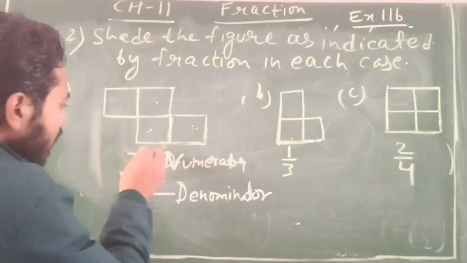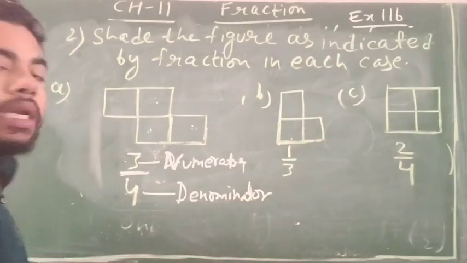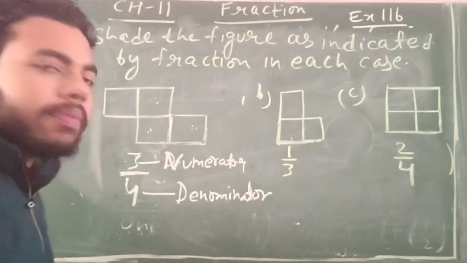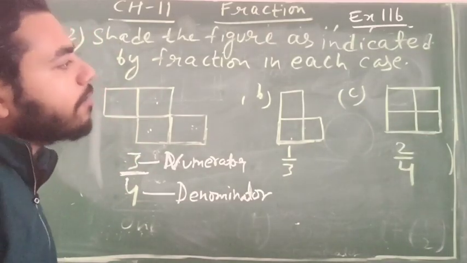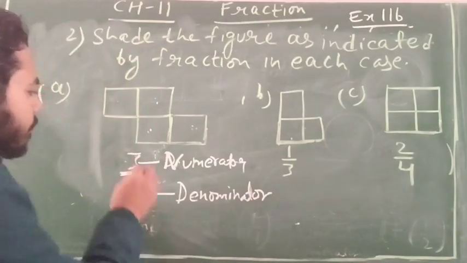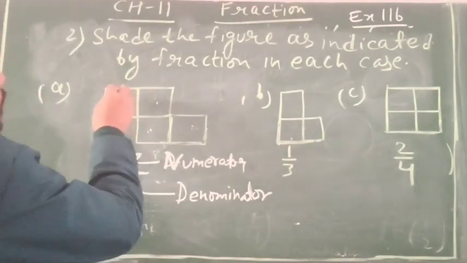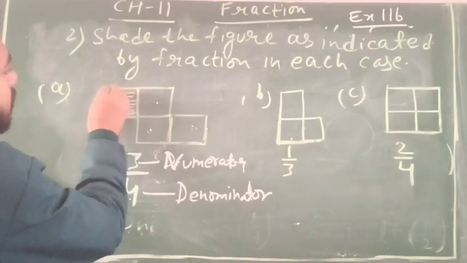So when this type of question comes, you have to just color as the numerator. As the numerator is 3, you color 3. As the numerator is 1, you color 1. If the numerator is 2, you color 2 parts. So here the numerator is 3, so you will color 3 parts.